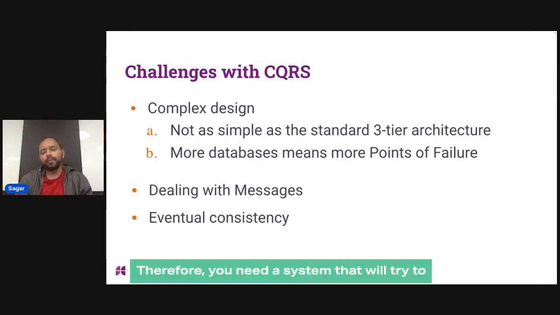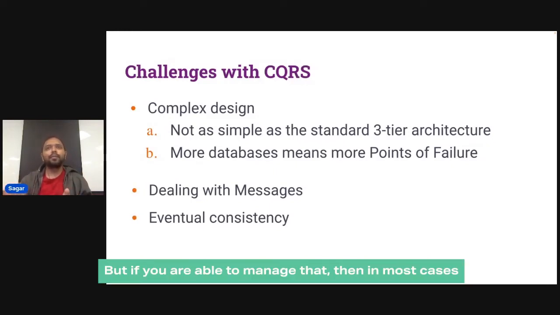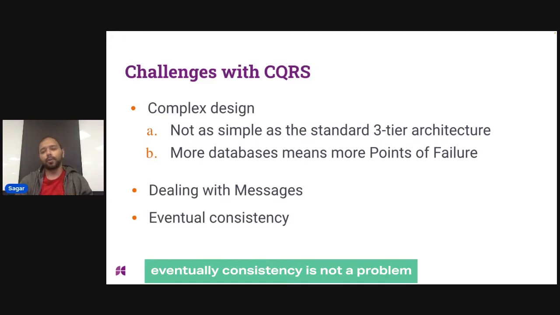Therefore, you need a system that will try to sync your write data into your read model, and it can be difficult to keep track of how out of sync you are. But if you are able to manage that, then in most cases, eventual consistency is not a problem, as we saw from the credit card example earlier. But it should remain an important consideration when you're deciding to choose CQRS.